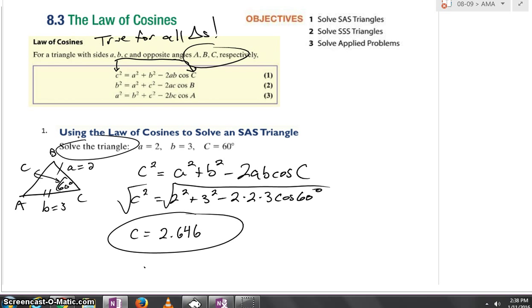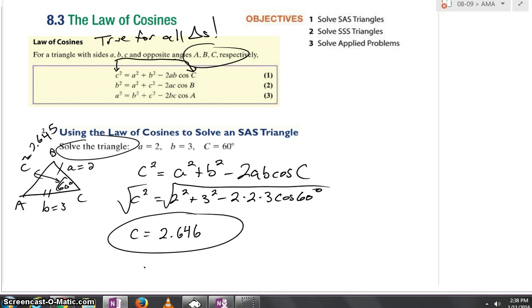What do you think? Yeah, Srini? Wouldn't you have to compare the side lengths to C? Yes. Look at C. 2.645, something like that. What's the biggest side in this triangle? It's side B. So angle B would have to be the largest angle.